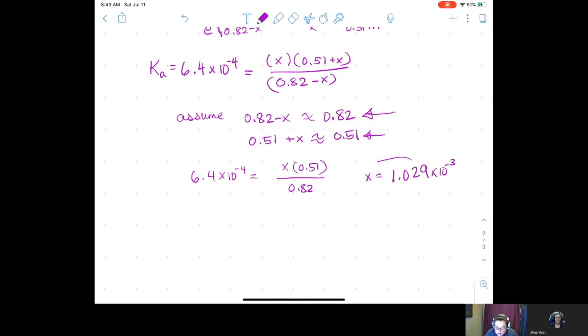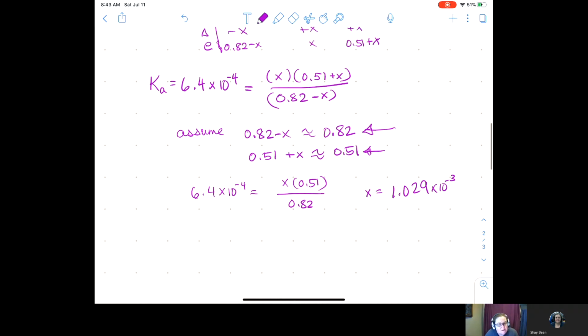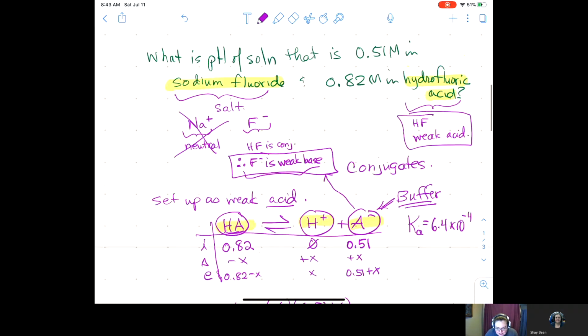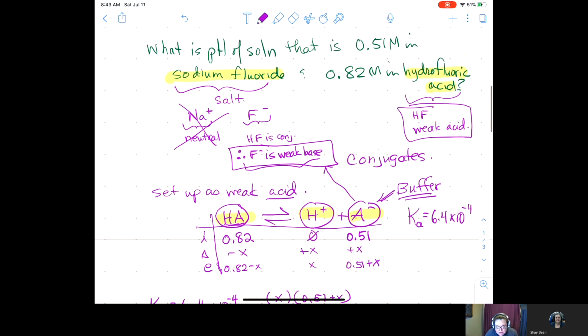If I took this x and I put it back up here, I would see that that approximation is just fine. But again, if you trust me on the buffer problem, you don't even have to mess with that. All right, so that's my x value. What was the question? Oh yeah, what is the pH of the solution?